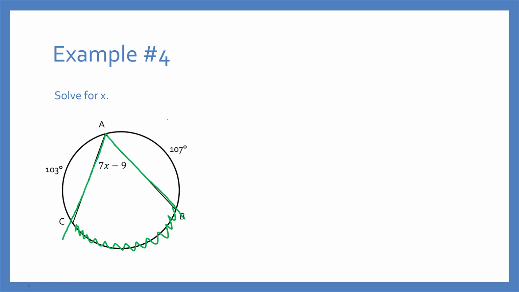What I do notice, though, is that this blue arc here, 103, plus this red arc, when I add that to my green arc, that's going to give me an entire circle. Notice the whole circle is colored in. So those 3 arcs combined give me 360 degrees, the whole circle.